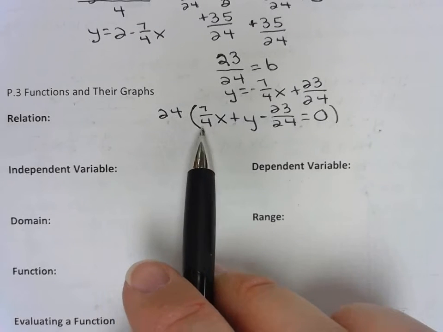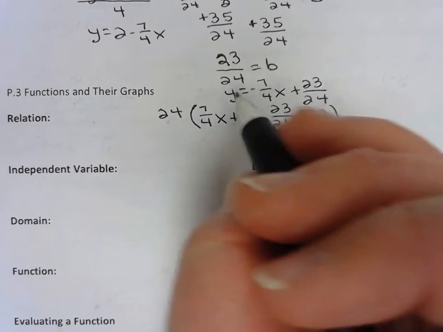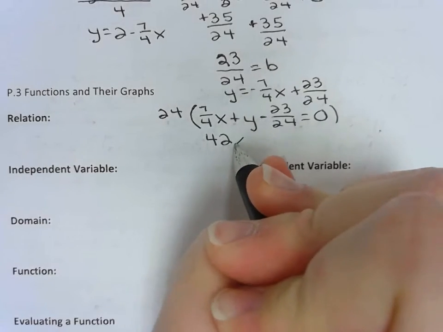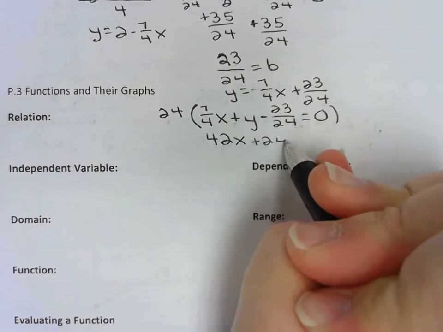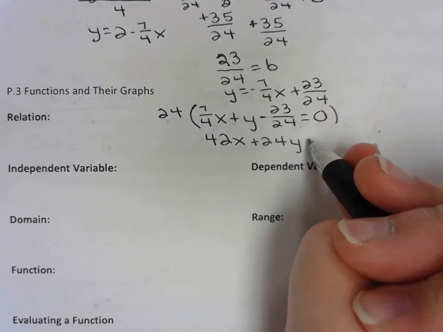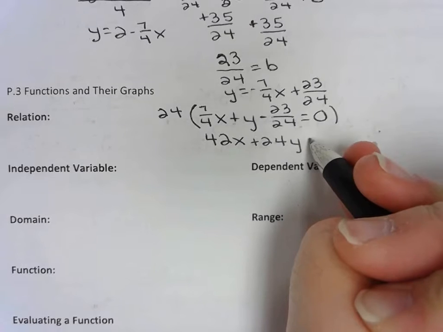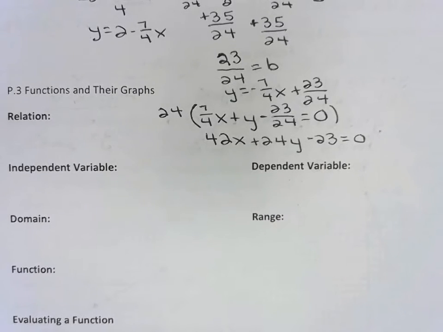The 24 and the 4 will cancel, so it'll leave me a 6 on top. 6 times 7, 42. So it'll leave me 42x plus 24y. The constant will be a what? Negative 23, and then 24 times 0 is 0. So just be careful with general form. General form has to be whole numbers, not fractions.